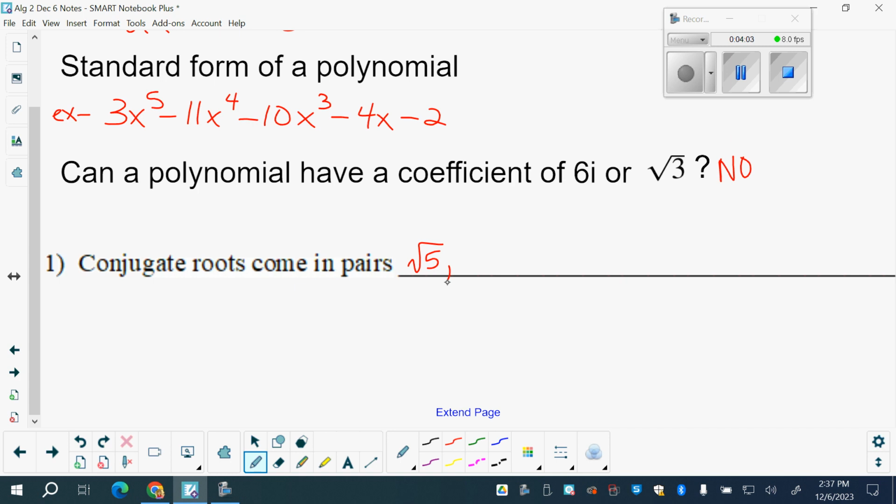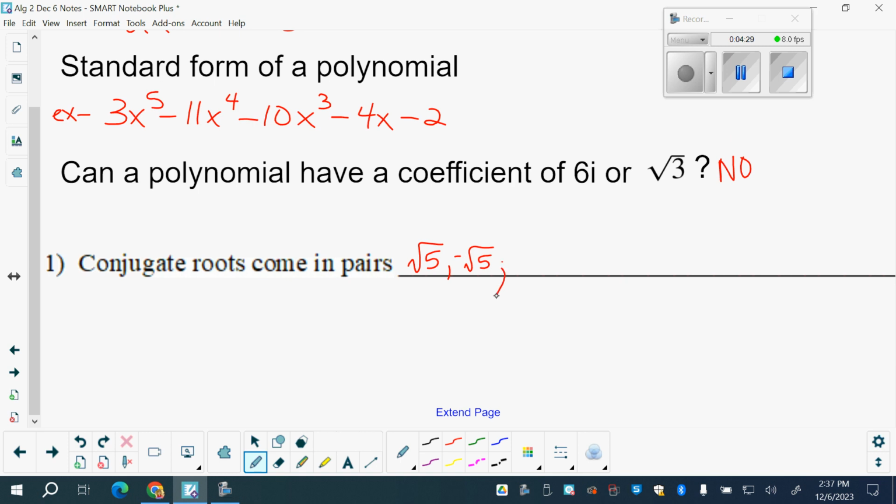It's going to have a square root. Something with square root 5. Negative square root 5. In order for us to have coefficients that don't look like this, these have to come in pairs. When we multiply them together, they cancel those out. So this is one example.